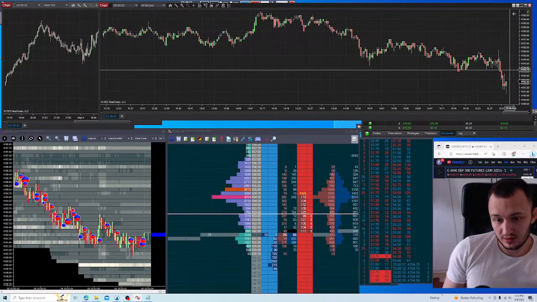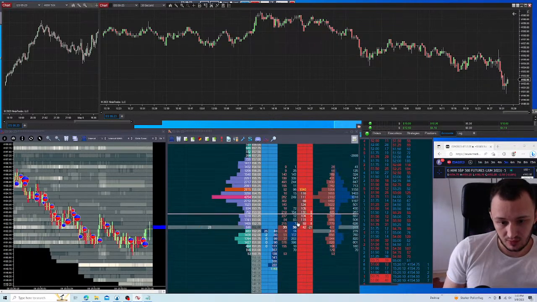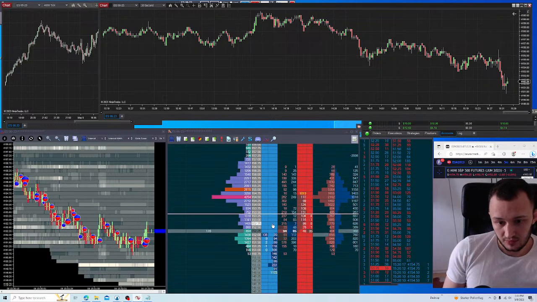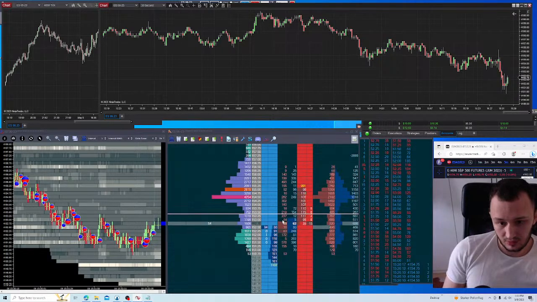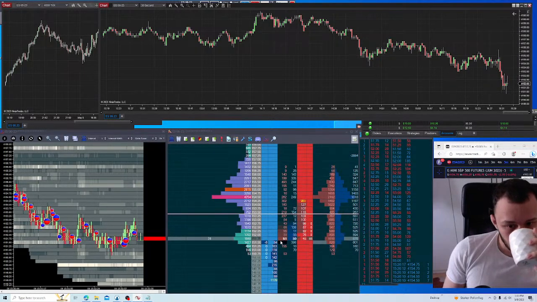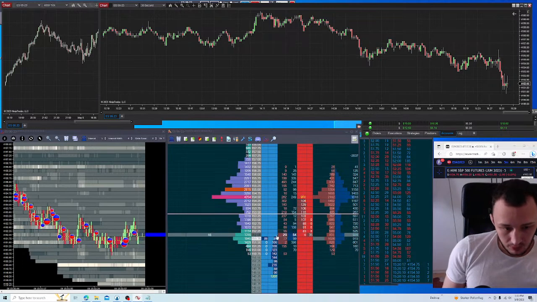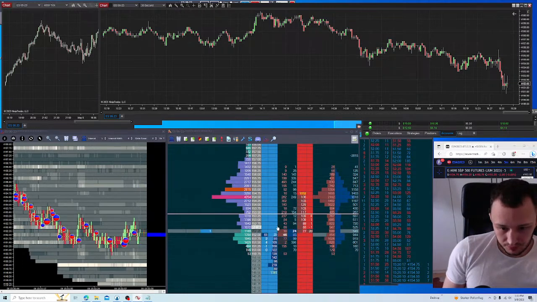50 was such a huge magnet all the time, so maybe we want to get to 50 before big sellers are hitting, but they're not getting it down. Now the bid is pulling.